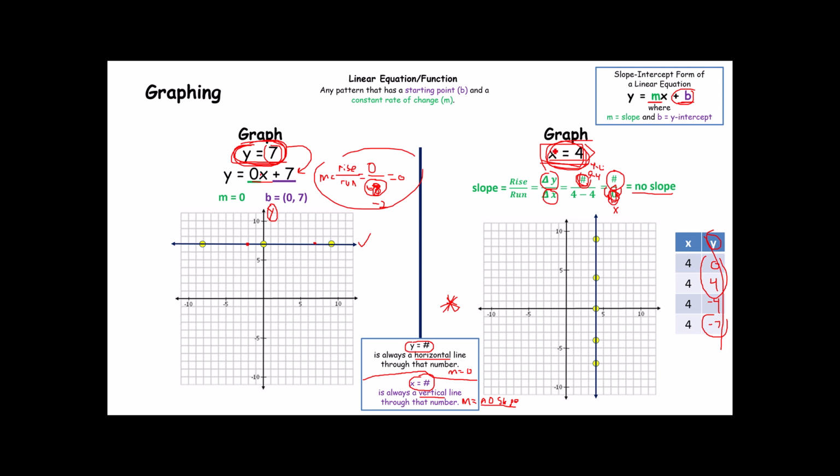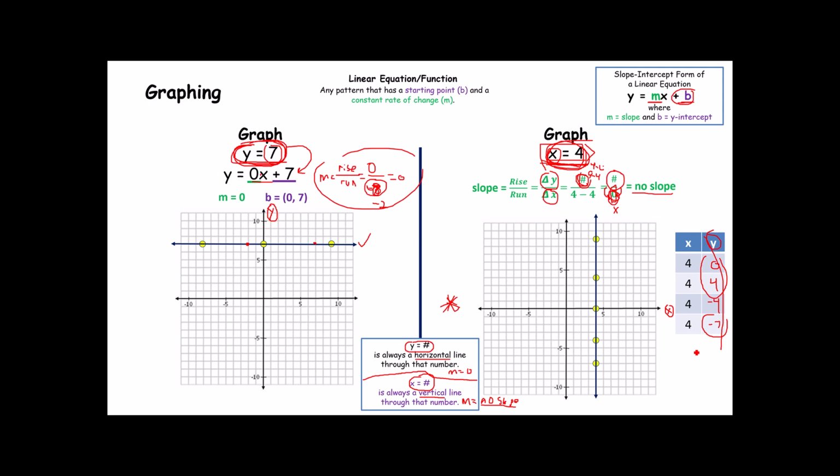Same thing happens over here. We think, oh, the x-axis is horizontal, therefore this must be horizontal. That is not the case. The x-axis is horizontal, but every x equals equation is a vertical line. Very difficult to keep those straight. Lots of practice, lots of repetition to make sure that we don't forget that.